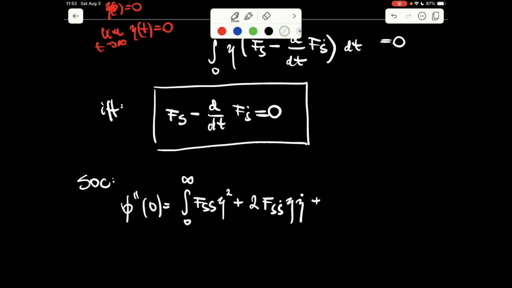This must be negative to have a maximum. Okay, this is where we were working with the second derivatives of f. So we have a second order condition to ensure the existence of a maximum where epsilon is 0.